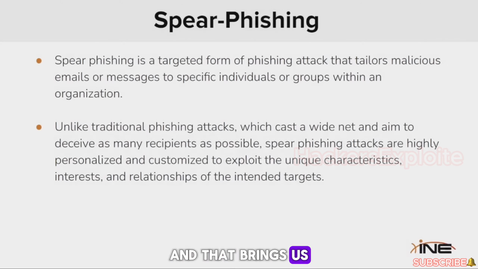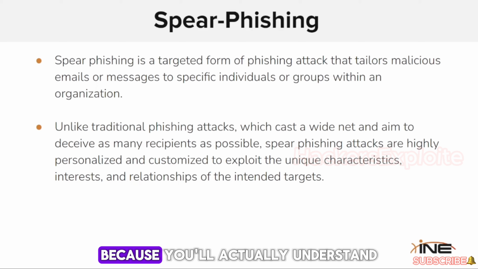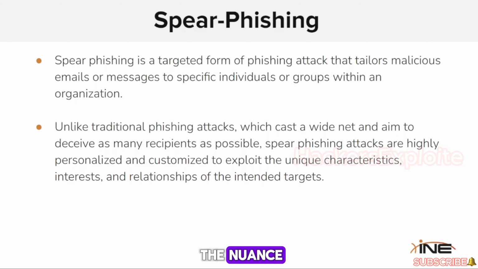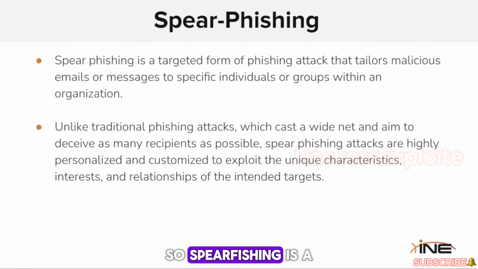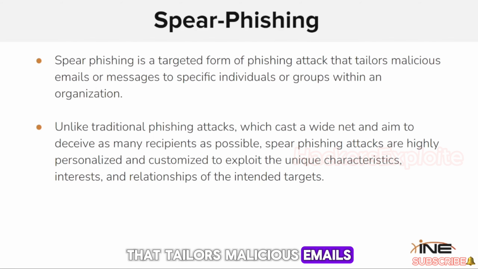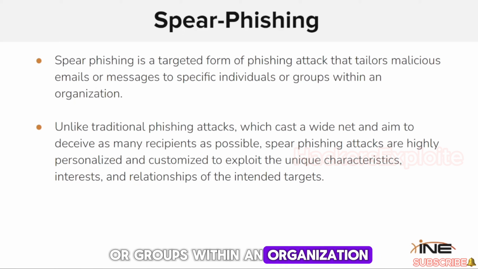And that brings us then to spear phishing, which is very common, is very similar rather to phishing, but I wanted to explain it because you'll actually understand the nuances between the two. So spear phishing is a targeted, and that's the key word, a targeted form of phishing attack that tailors malicious emails or messages to specific individuals or groups within an organization.